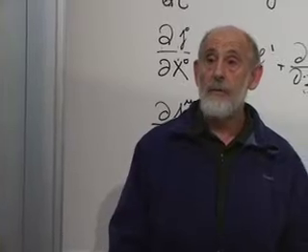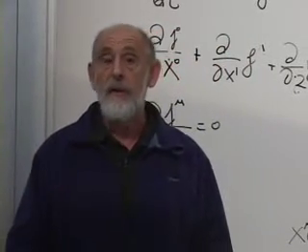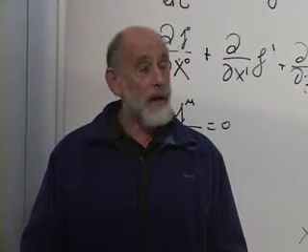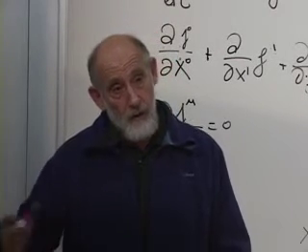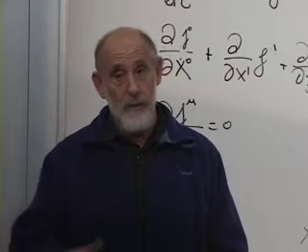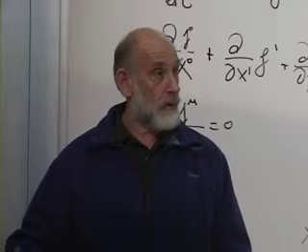Ionizing one hydrogen atom takes about 10 electron volts. So that would be about 10 to the 20th electron volts.